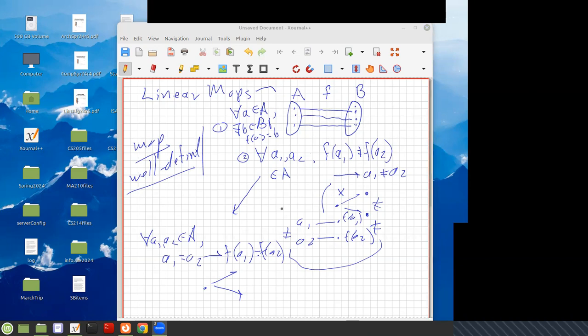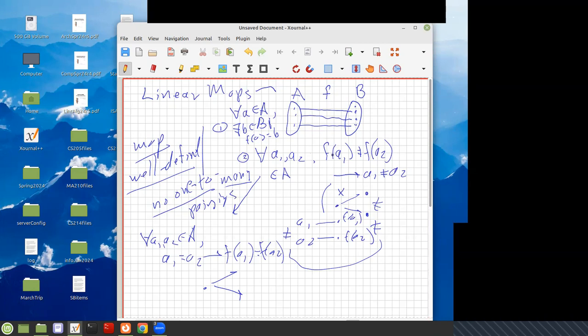Okay, so this second condition deals with no one-to-many pairings. It says if you take any two arbitrary elements of A, then you can look at it two ways.